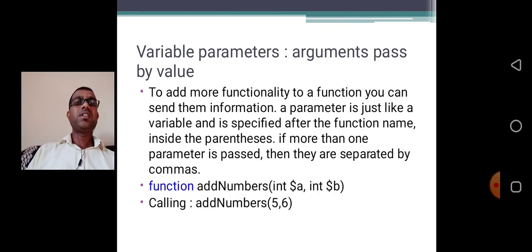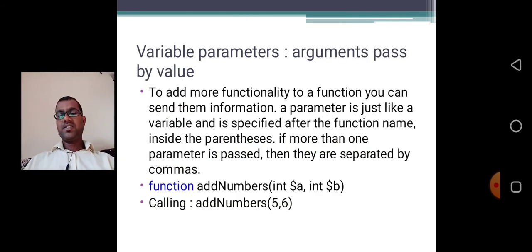Then in a function there are two types. Here are the variable parameters, that is, arguments passed by value. To add more functionality to a function, you can send information to it. A parameter is just like a variable and is specified after the function name inside the parentheses.